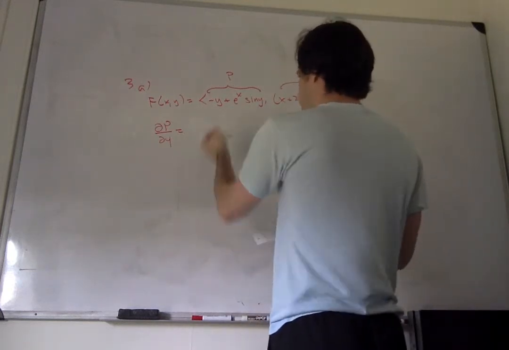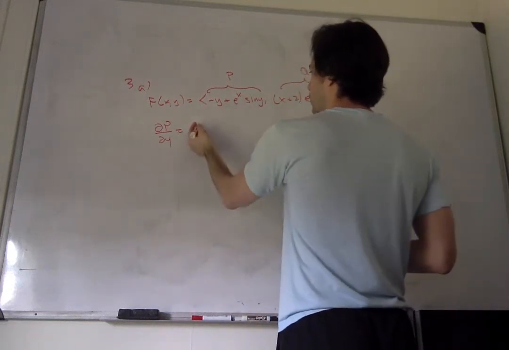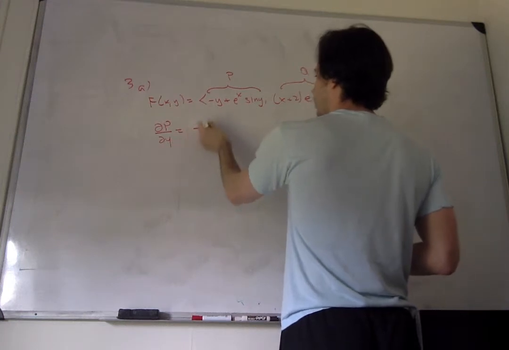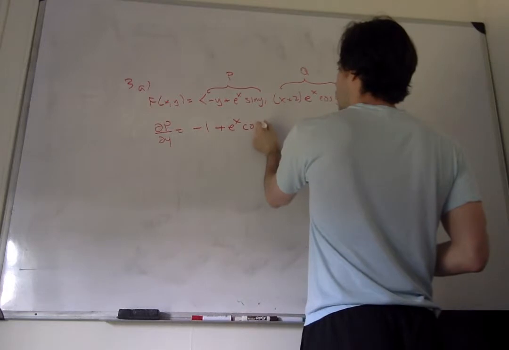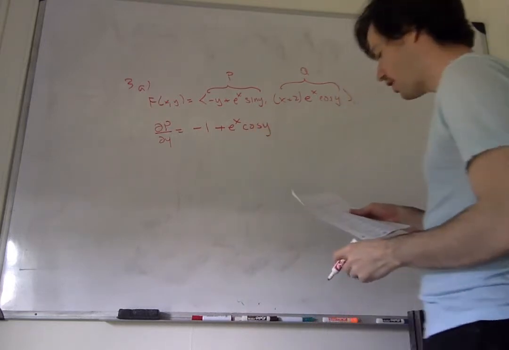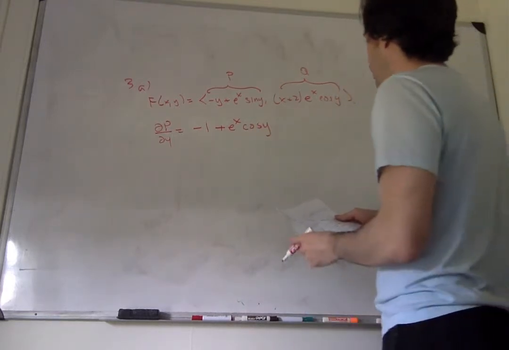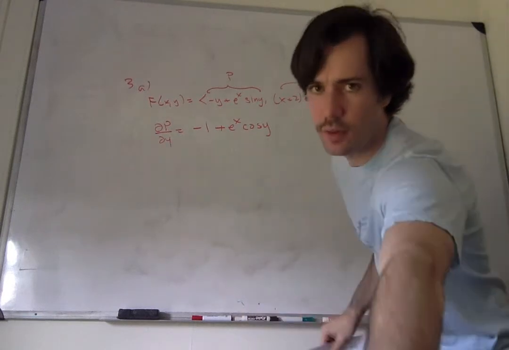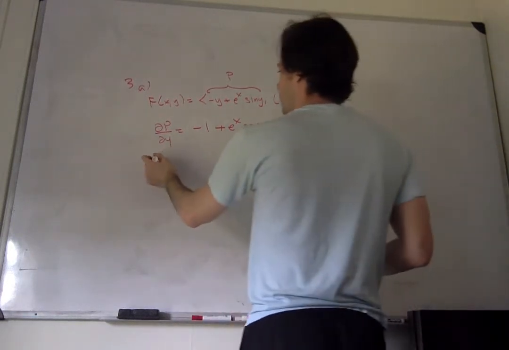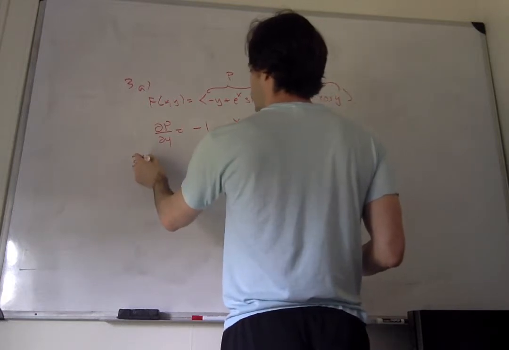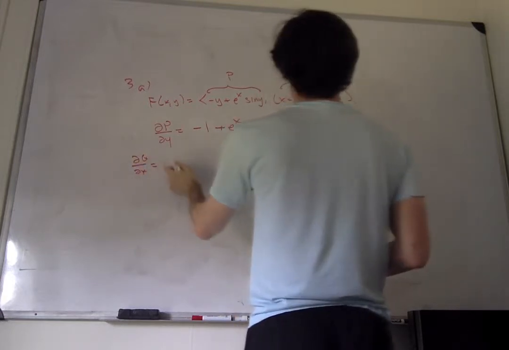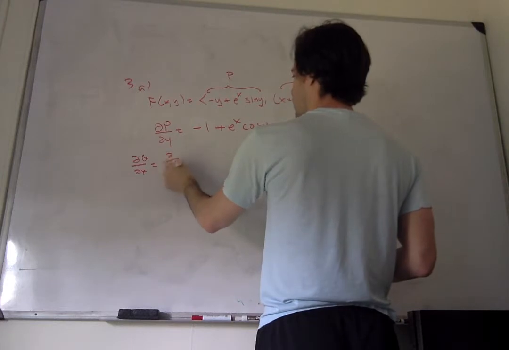Okay, so that's the necessary condition. So what is this derivative with respect to y? It's -1 plus e to the x cosine y. Very straightforward. What about the second one? Well, the second one is del Q by del x.